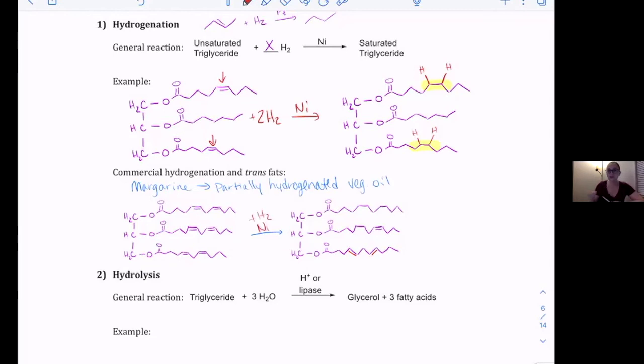So instead of fully hydrogenating all of your double bonds, meaning all of your double bonds are going to completely go to a saturated system, with a partial hydrogenation, they don't let it fully go to completion. So what this does is it takes that oil, that liquid, and they put just enough saturation in it to make it a semi-solid.